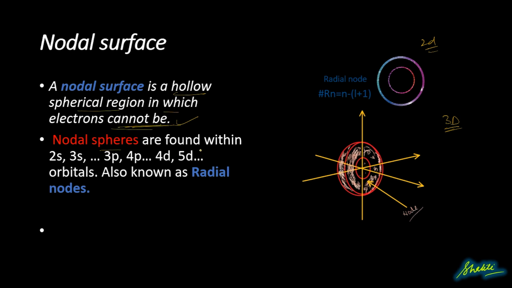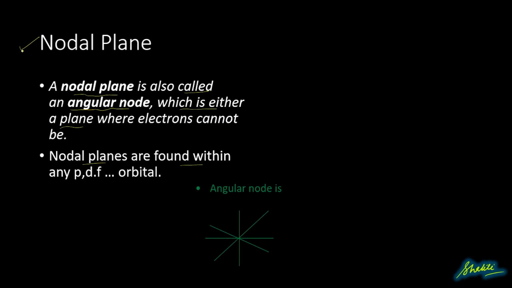So nodal spheres are found within 2s, 3s, 3p, 4p, 4d and 5d orbitals, and these are also known as radial nodes. Nodal planes. A nodal plane is called an angular node, which is a plane where electrons cannot be present, and nodal planes are found within p, d, f orbitals.